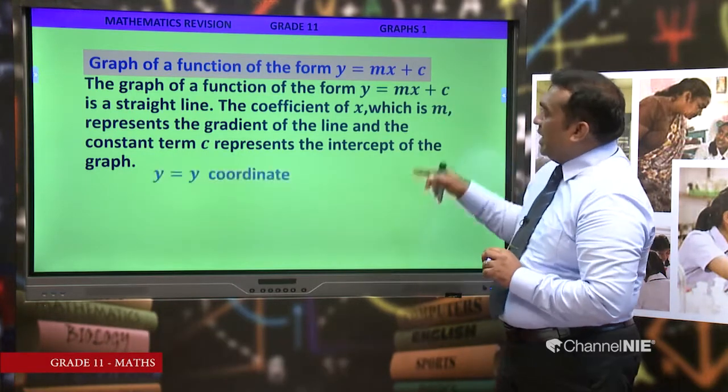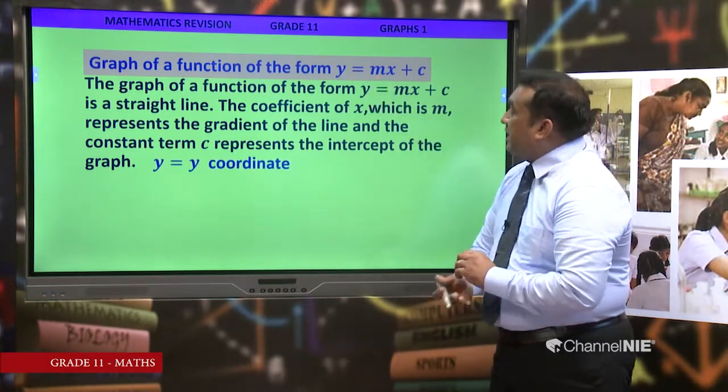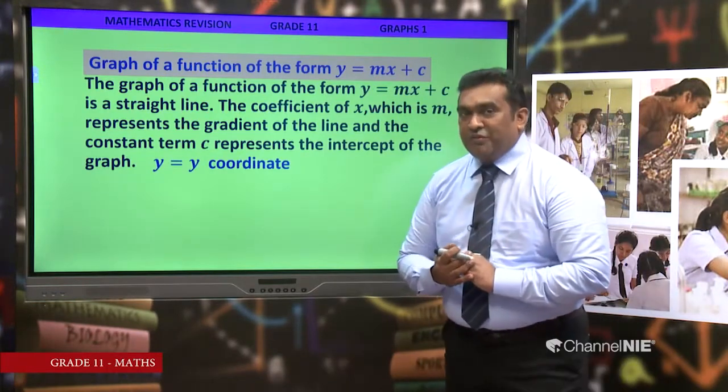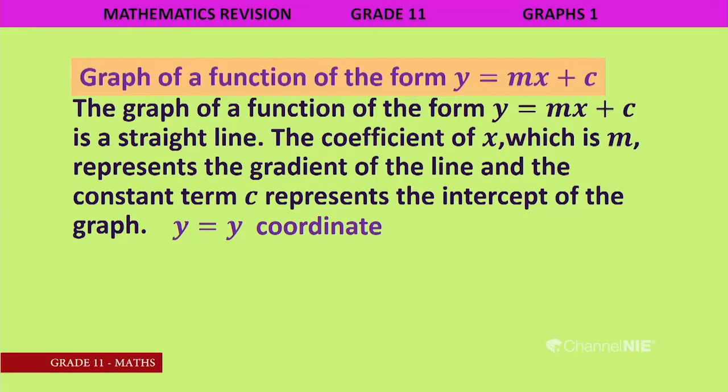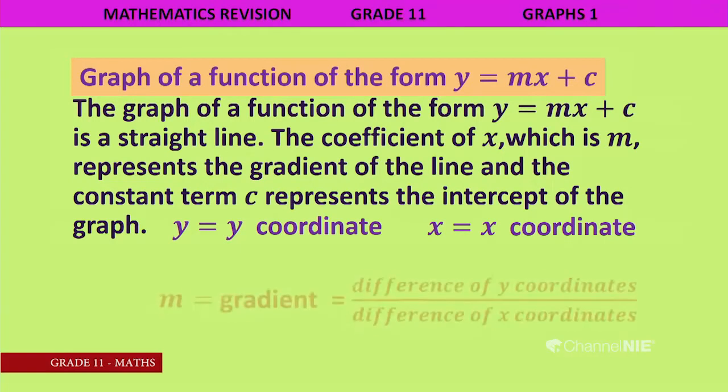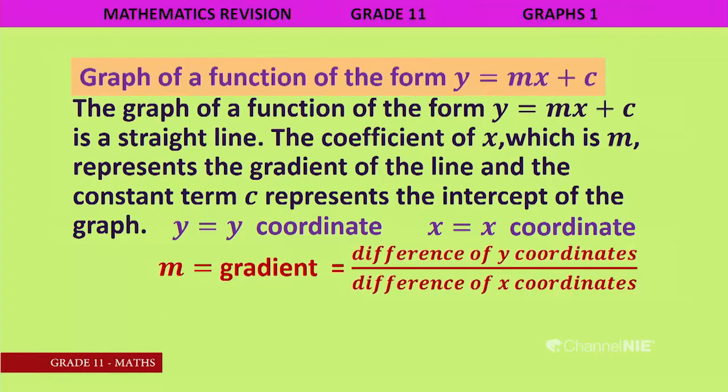Then we will see how to identify the standard form of the equation of a straight line. Here y means the y coordinate, the number on the y axis, and x is the x coordinate, the number on the x axis. This is the definition of the gradient: the difference of y coordinates divided by the difference of x coordinates.